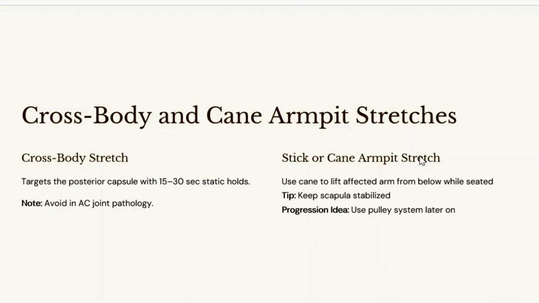Stick or plain armpit stretch: you can use a cane to lift the arm from below while seated, on the top of the back. It is basically used with the pulley system later on, but to start you can use some sticks so that the patient can feel comfortable before going towards the pulley system.